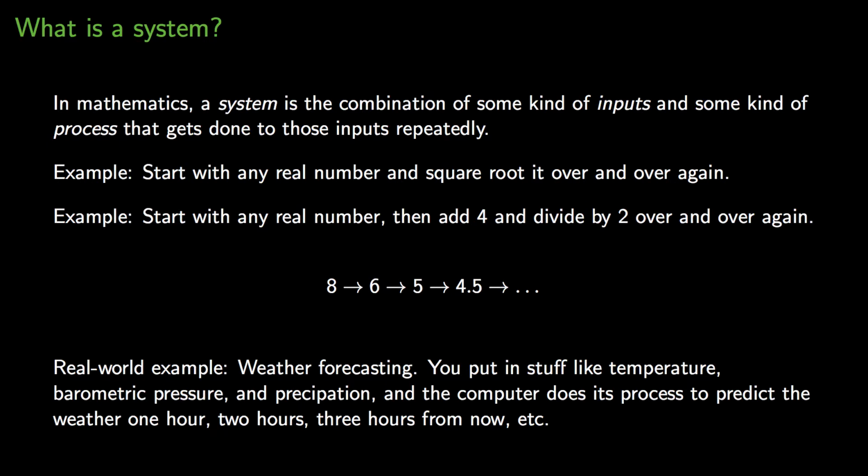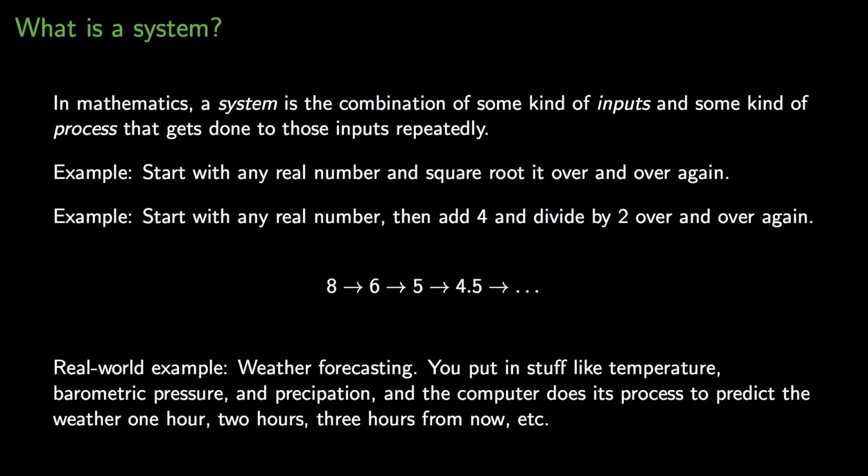Here's a complicated real-world example, which is weather forecasting. The inputs here are complicated, right? Depending on which computer model you're using, you would put in things like temperature at different places, barometric pressure, altitude, precipitation. They're all different kinds of things that the computer might want from you. Then what the computer does is its own process, its own program, and then it predicts the weather in time increments.